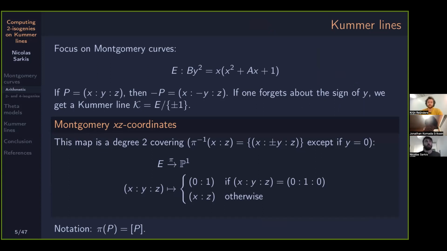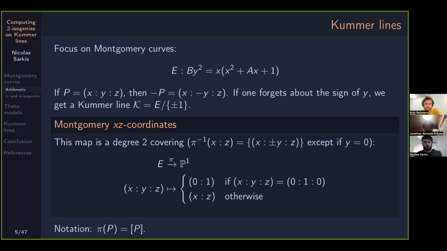So if you just forget about the sign of Y, you can get a Kummer line by quotienting by plus or minus, identifying P and minus P. Mathematically, you have this map pi from E to the projective line, and you send a point (X, Y, Z) to (X : Z), forgetting the Y coordinate, or to (0 : 1) if you are the point at infinity. One notation I will be using is the image of a point P, which I will denote in between brackets.